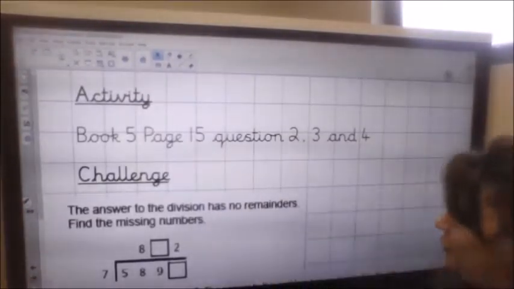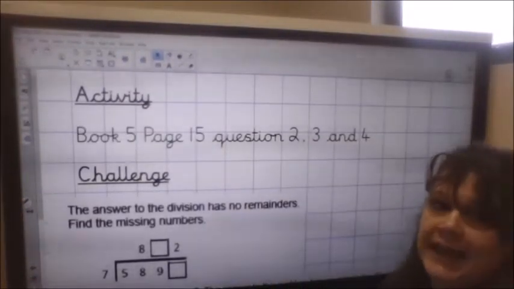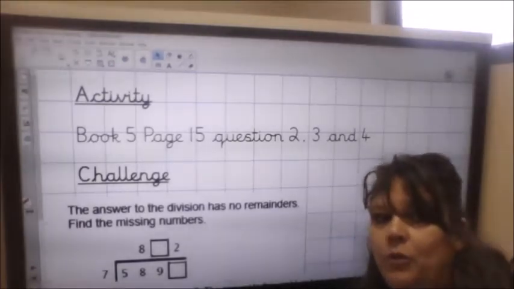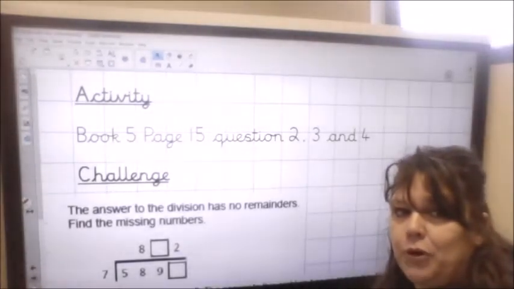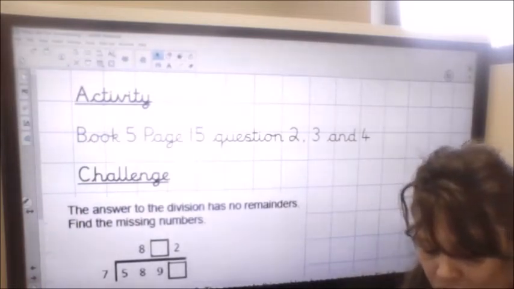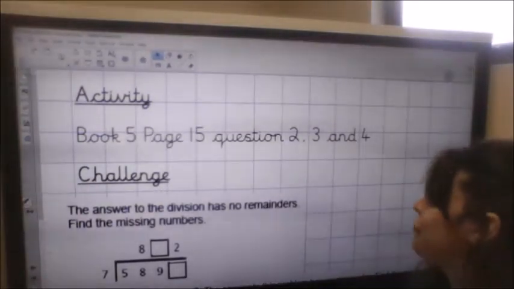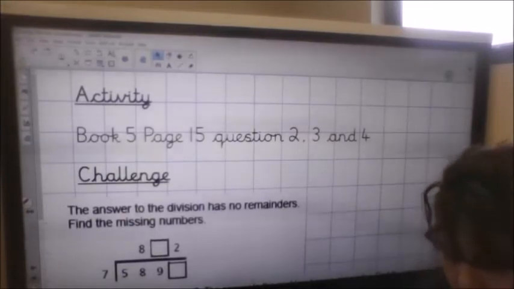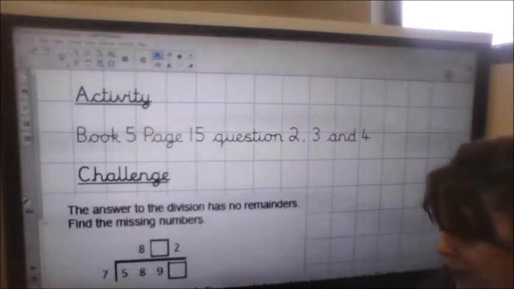Let's have a little look then at what you're going to do today. So you are going to look at Book 5, page 15. You are going to do questions 2 and 3 and 4. Okay, so Book 5, page 15.